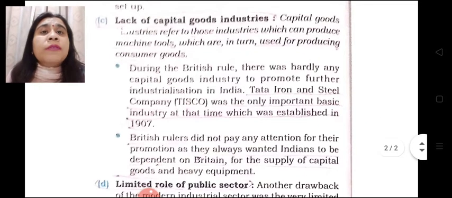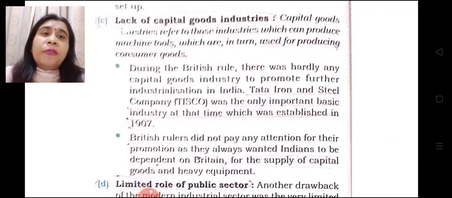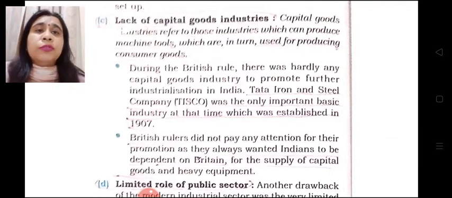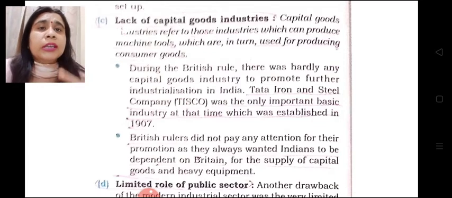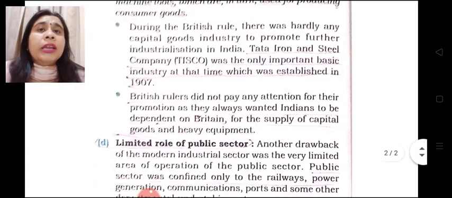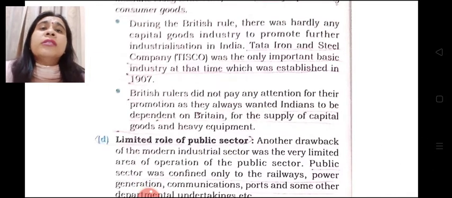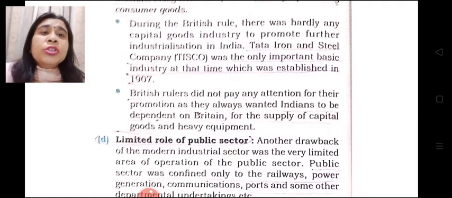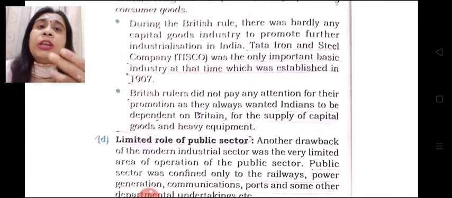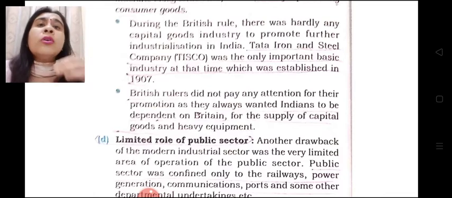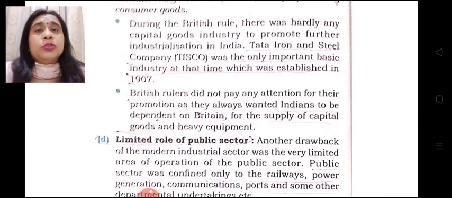During the British rule, there were hardly any capital goods industries. The one basic industry established, in 1907, was the Tata Iron and Steel Company, as you can see on your screen. British rulers did not pay any attention to the promotion of industries because they wanted Indians to be dependent on Britain for capital goods and for ready-made products also.